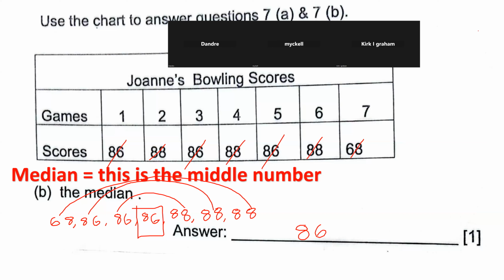Kirk, do you have this written down? Not yet. Kirk, what is the median? The median is the middle number. Good. What must you first do before you find the median? Arrange the numbers how?